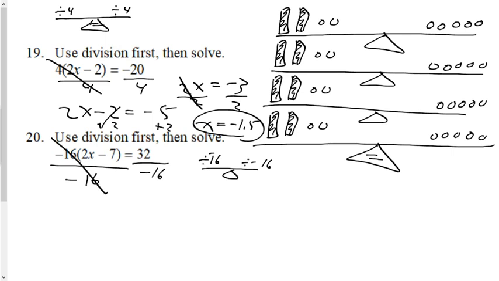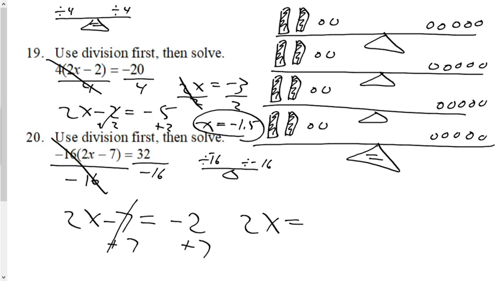Instead of having negative 16 groups of 2x minus 7, I'm going to have one group of 2x minus 7. And 32 divided by negative 16 is negative 2. A much simpler equation to work with. Adding 7 to both sides, we'll get rid of the constant. I get 2x equals 5. Dividing both sides by 2 will give me the solution of x equals 2.5.